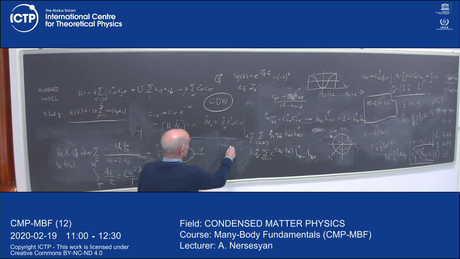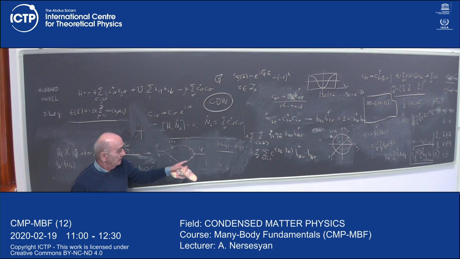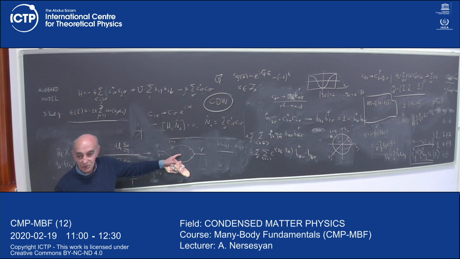This will give me minus f of k. And in the denominator, that will be the result of integrating over the product of two so-called fermionic propagators or Green's functions. But it's a different subject which we didn't touch at all. So this is the picture for the susceptibility, which we had just calculated.